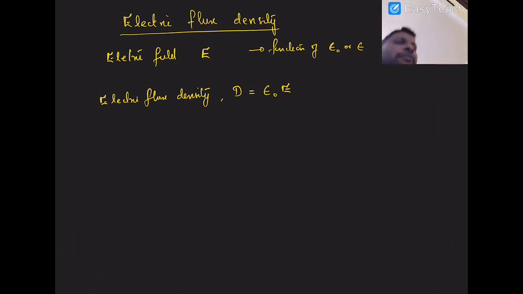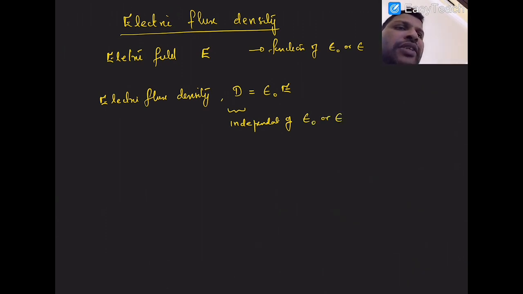So you can now define a new quantity, electric flux density, D, as epsilon naught into E. That means this is independent of epsilon naught, or we can say in general epsilon.